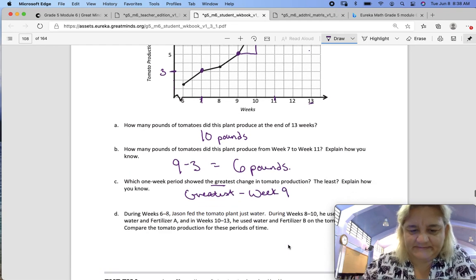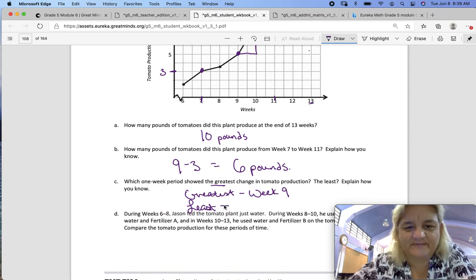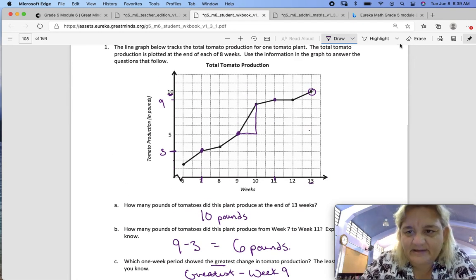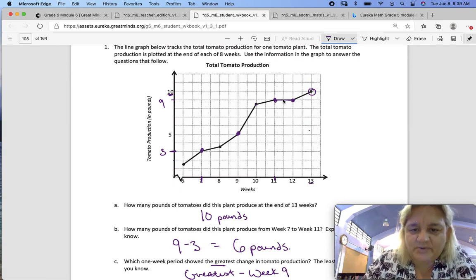The least is where it's going to move less. And I can see that right here it didn't change at all, did it? From week 11 to week 12. So there was no change at all, didn't produce anything.